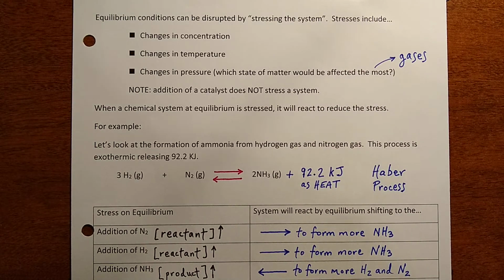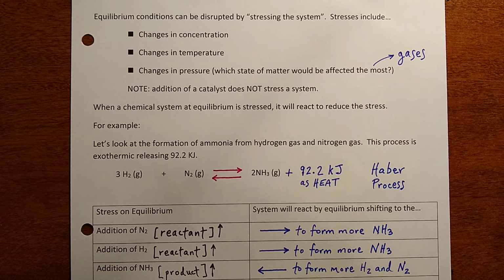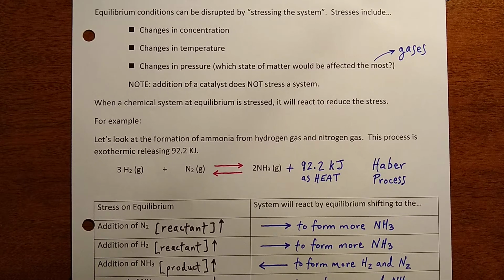So you can think of an equilibrium as a balance, a scale, so to speak. If you upset one side of the scale, it will shift in the other direction so that the balance is then reestablished. Now we're not going to treat this mathematically, even though you can. We just want to talk about it in general terms. How does the equilibrium shift when you cause different stresses on the system?